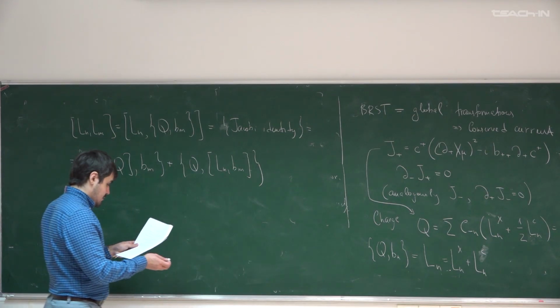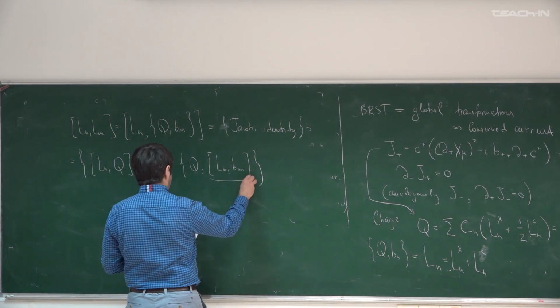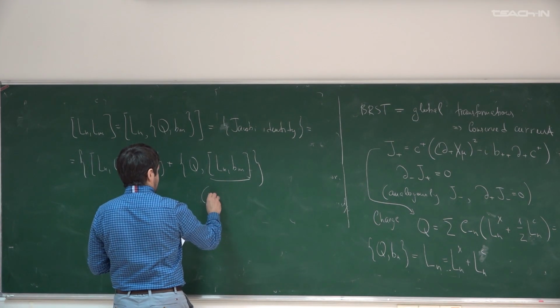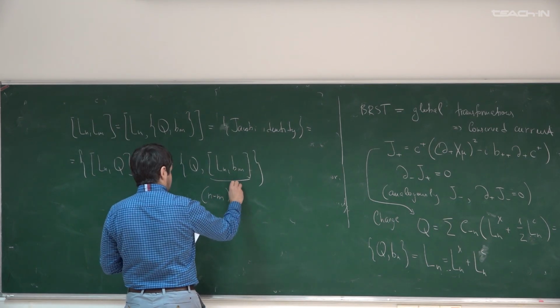The commutator of Ln with Bm is n minus m times Bn plus m.